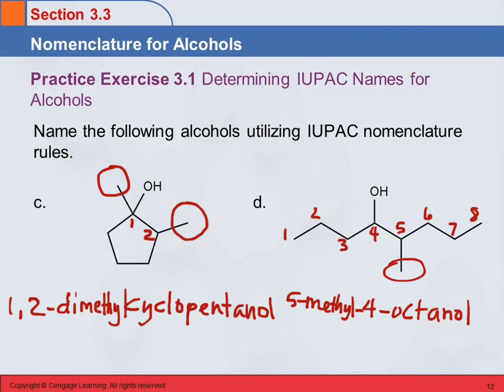Sometimes the rules seem a little complicated, and I guess in a way they are, but the nice thing about them is that they're consistent, and there's a pattern to them. We're going for lowest numbers. We're going for alphabetical order after that. We have a specific order in which we look at them. We don't have to debate whether we should name it as an alkene or as an alcohol.